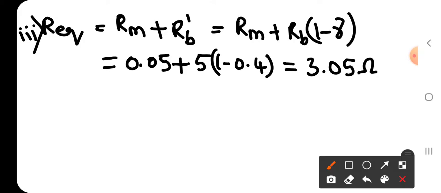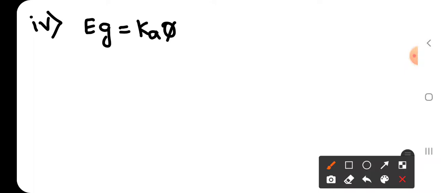Next, how do you find the speed? Here you need to go with the generated voltage, which the motor can generate. What is the formula? Eg is equal to Ka phi into omega.